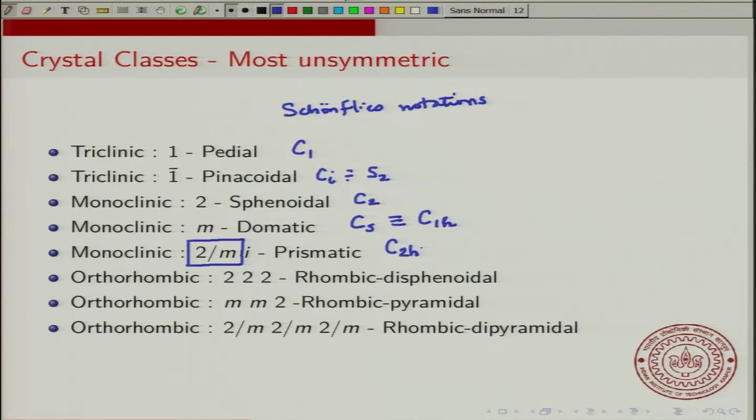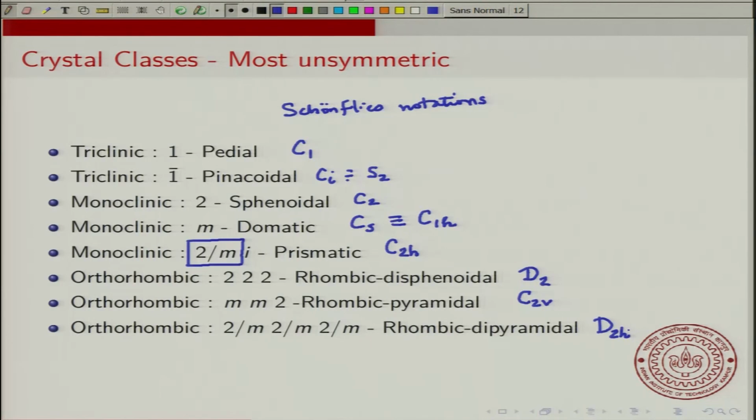Now what about the orthorhombic group? So 222, you can have a Hermann-Mauguin notation 222. The Schoenflies symbol is D2. The mm2 would be C2v. I'll just note this, and then this is D2h.